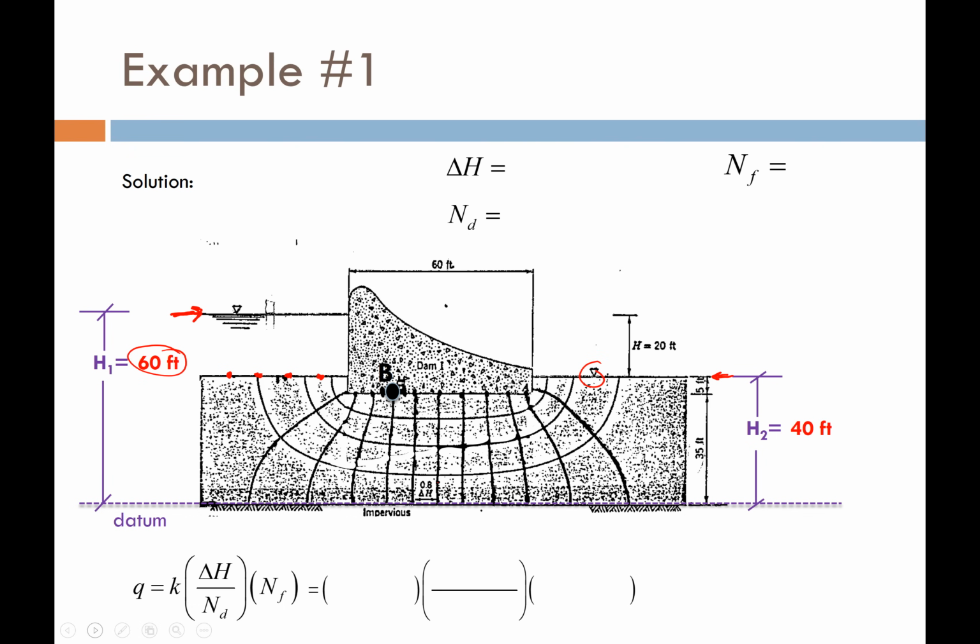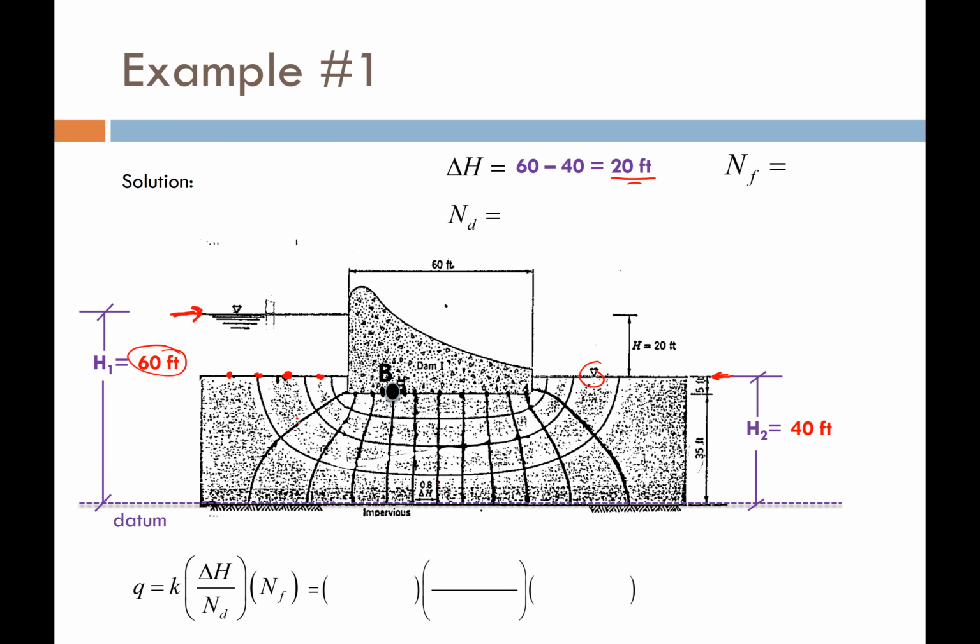Well, it's simply the difference in the total head upstream and downstream. So 60 minus 40, it's 20 feet. All right, how many drops do I have? Well, I have moving from the starting point there all the way to get to the last equipotential line.